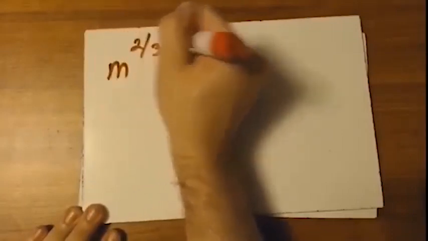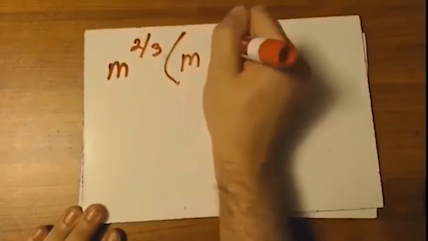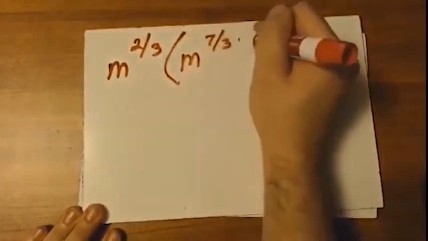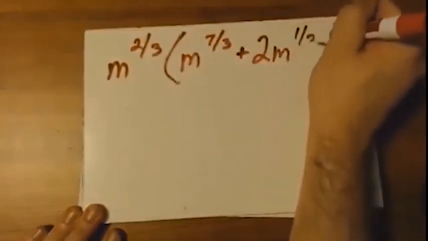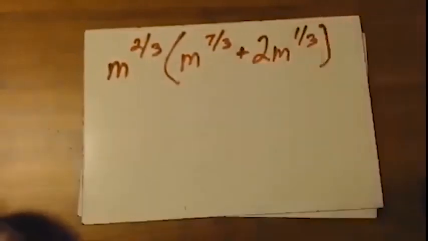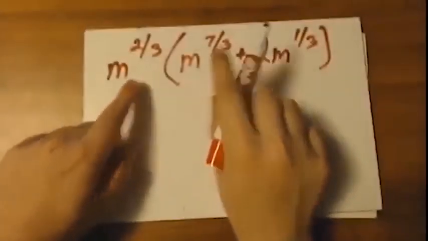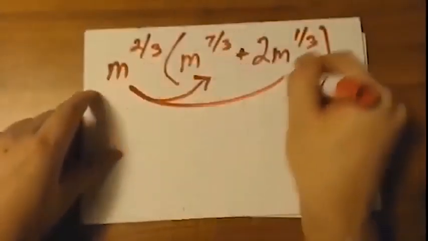M to the 2/3 times m to the 7/3 plus 2m to the 1/3. So we're going to use the distributive property. We're going to multiply that times that, and then that times that.